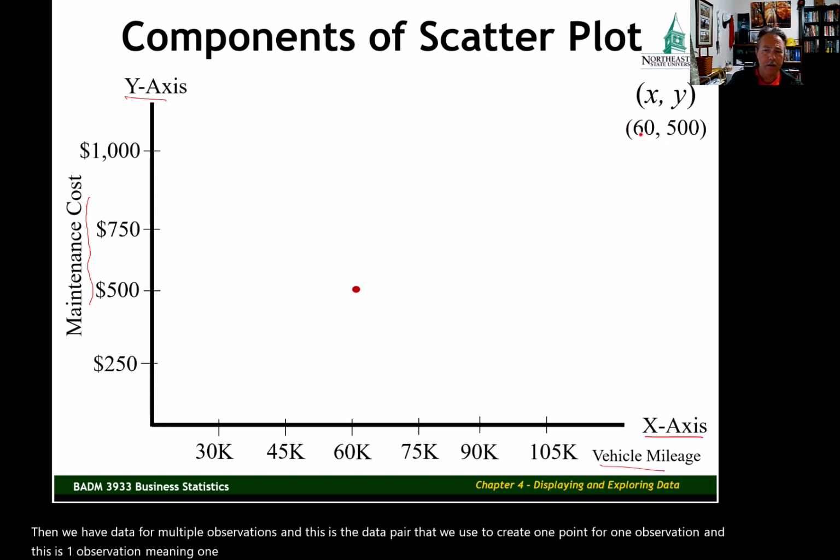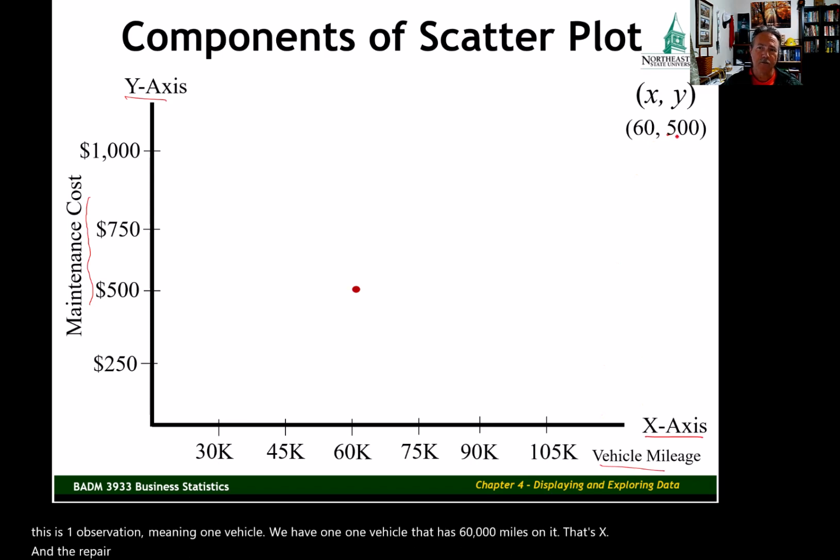We have one vehicle that has 60,000 miles on it, that's x, and the maintenance cost for that one vehicle is $500. So we plot that point by going along the x-axis to 60, then up the y-axis to 500. There we have the data point for this one vehicle.